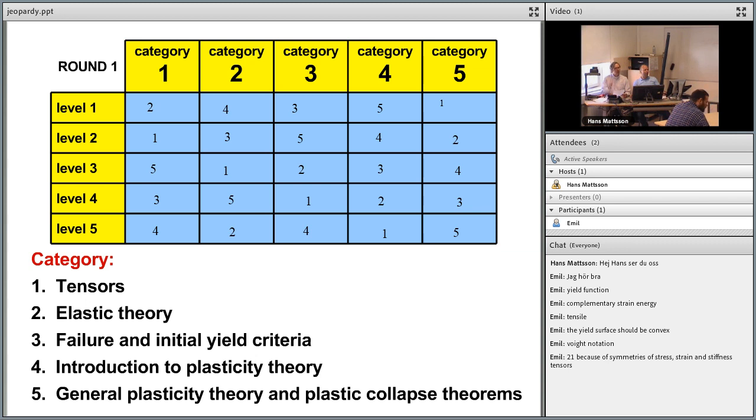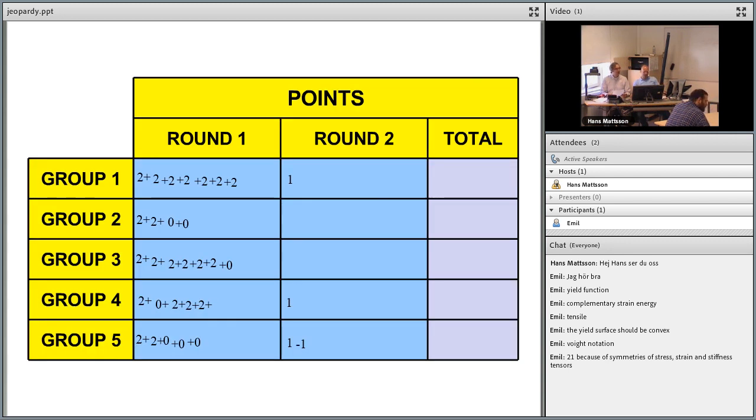You must scream. Group 1 has screamed. They have to deliver a correct or a wrong answer. Wrong. Group 2, using the unit of volume. It's wrong.